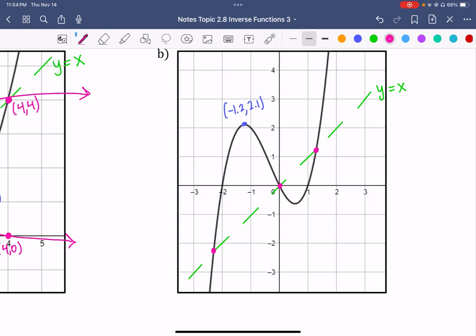But when we sketch it, the inverse will be at 2.1 and negative 1.2, maybe somewhere right here. Okay, and then here's the other minimum, which would be a positive 0.5 and negative 0.5. So when I take the inverse, I would be instead at negative 0.5, positive 0.5, perhaps somewhere right here.